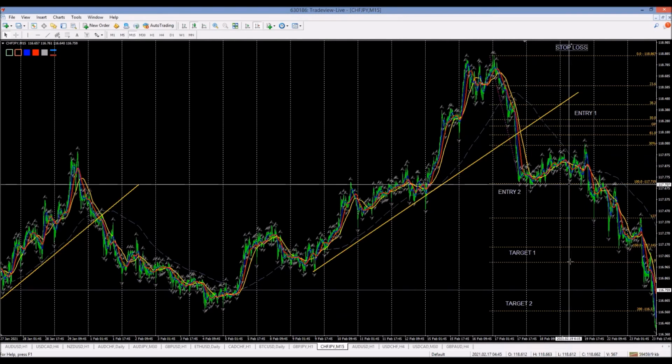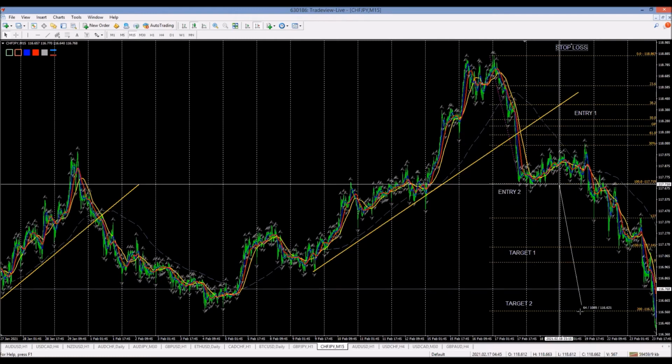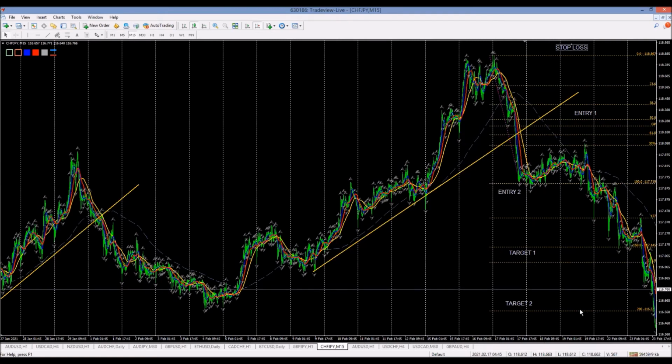From entry 2, depending on how you traded it, you got around 65, 70 pips to target 1. And then you got 114 pips to target number 2. 65 plus 114 is 179.